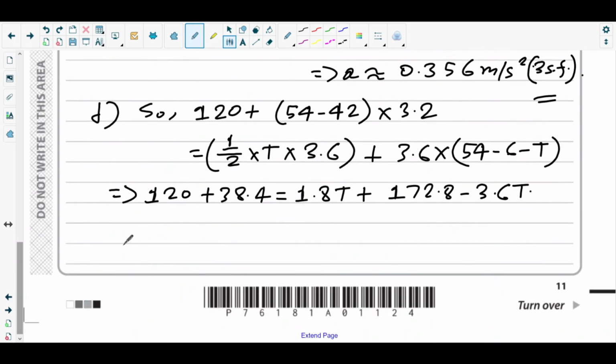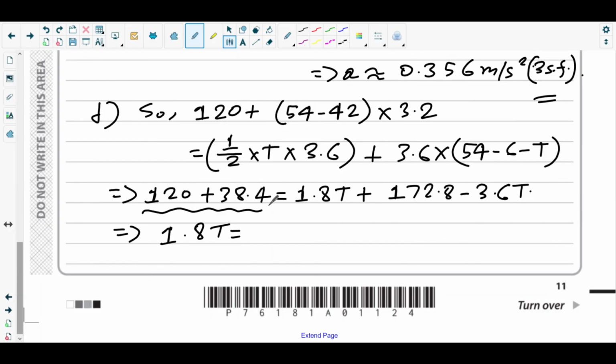Now we need to make t the subject. Take all the constants on one side and all the terms with t on the other side. So you'll get negative 1.8t on the right side, so take it to the left, where it becomes positive 1.8t, and take the constants to the right side: 172.8 minus 120 minus 38.4.